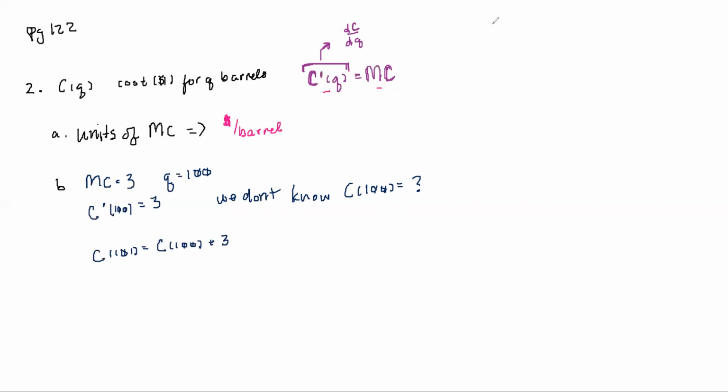And what's happening here, I'm going to sketch out a little graph. Say this is some number. I don't know what number this is, I'm just going to call it cost. So whatever number this is, the next one is going to be C plus 3.